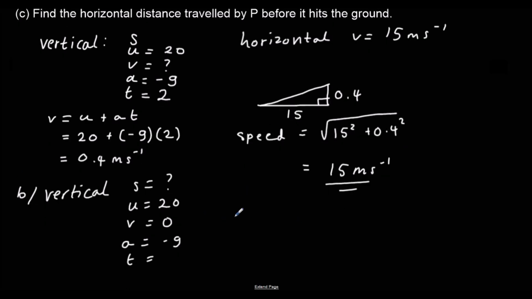So we can do v squared equals u squared plus 2as. So 0 squared, which is 0, equals 20 squared plus 2 times negative g times s.